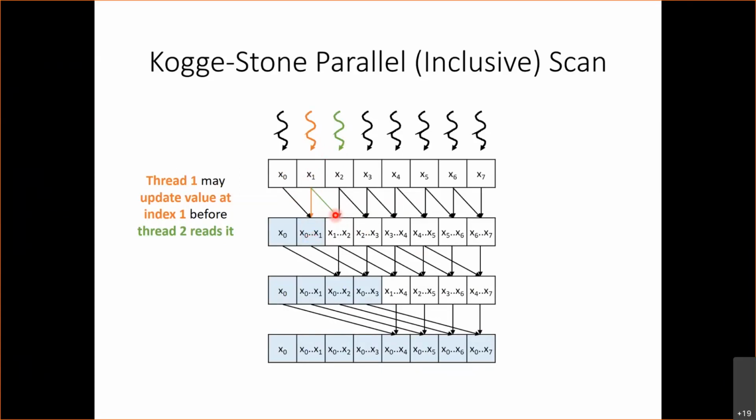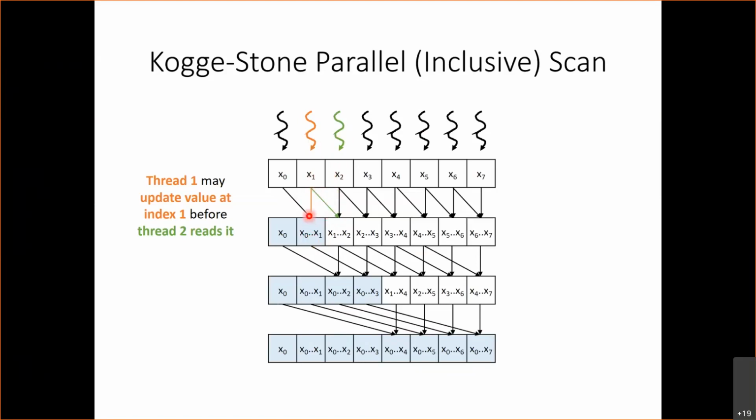So we need to make sure that thread 2 reads x1 before we allow thread 1 to update x2.